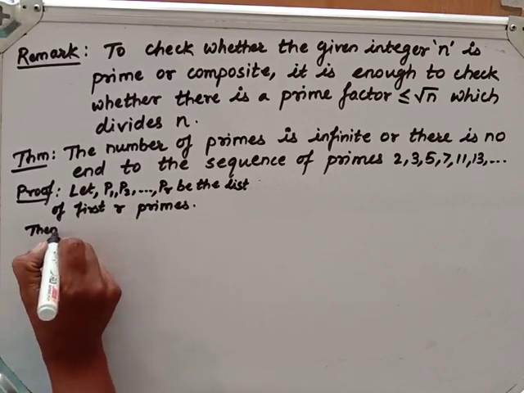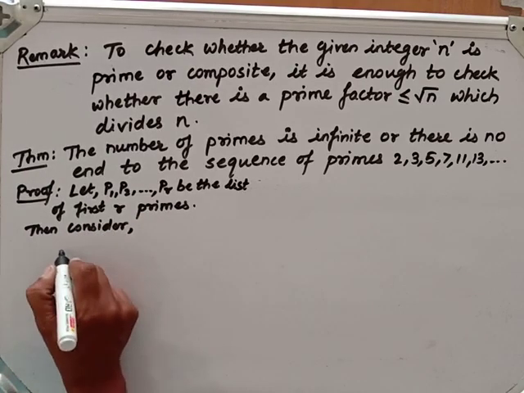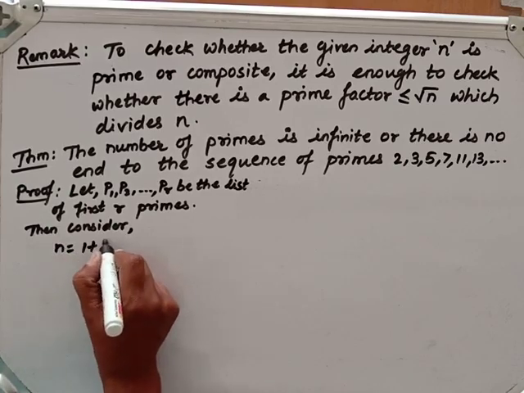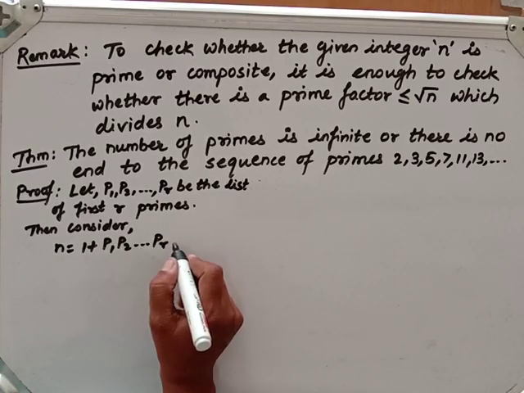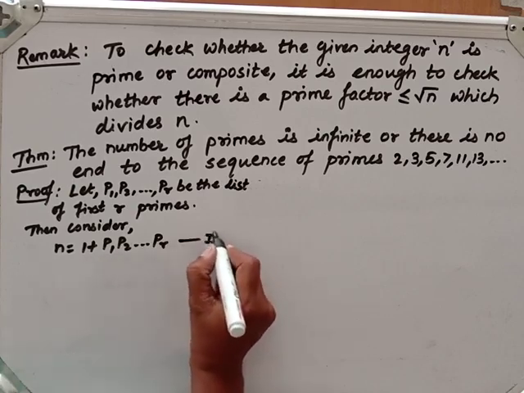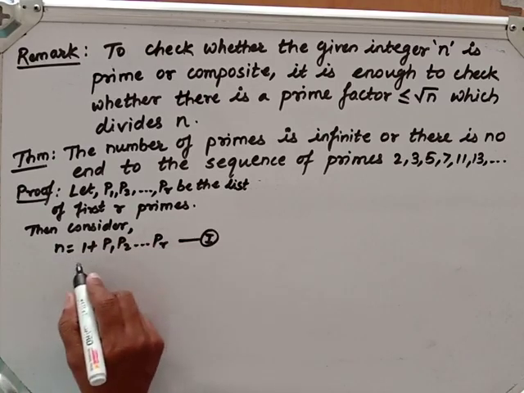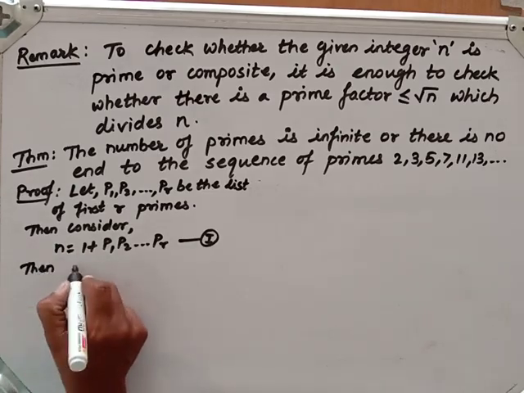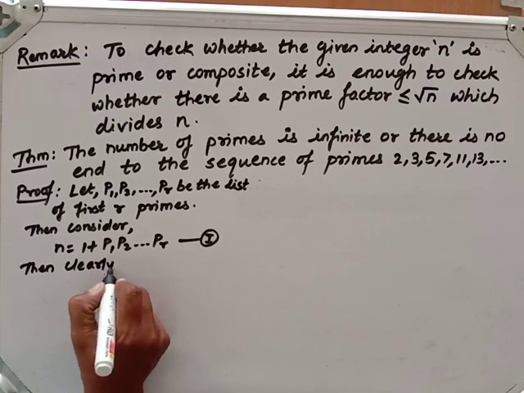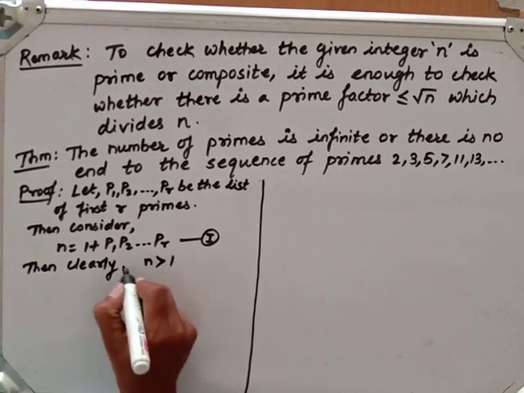Then consider n equal to 1 plus P1, P2, and so on up to Pr. 1 plus the product of these. Now call it equation number 1. From this we can easily see that n is strictly greater than 1. Then clearly n is greater than 1.